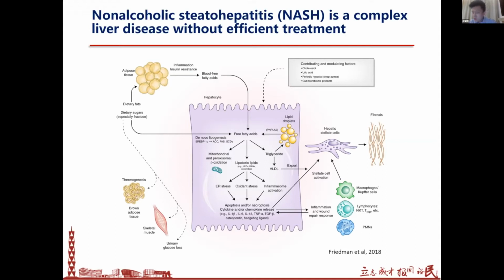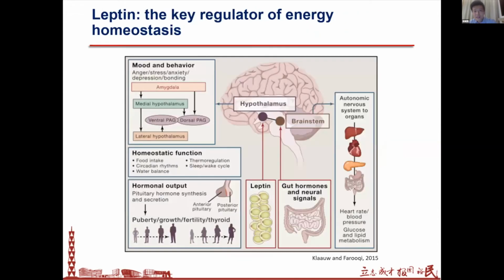There are many models to study NASH generated by gene mutations or diet induction, in which leptin deficient mice are widely used as an obesity model. Leptin is a key regulator of food intake, glucose and lipid metabolism, reproduction, and so on.